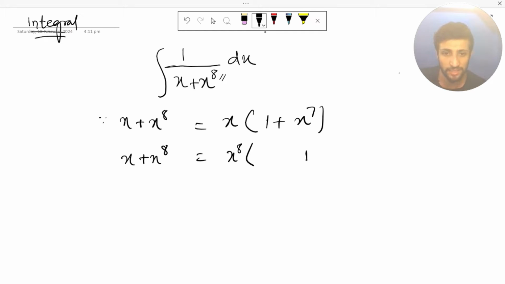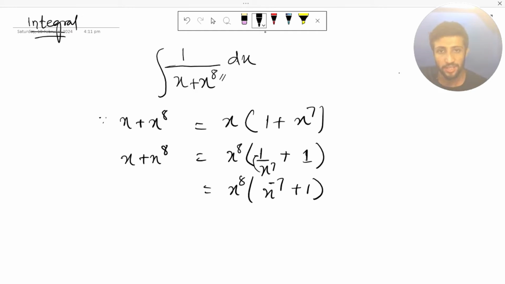What I will get here is simply 1 divided by x^8 times (1 over x^7 plus 1). If I take the reciprocal, x^8 becomes x^-8 in the numerator, and the denominator becomes x^-7 plus 1.